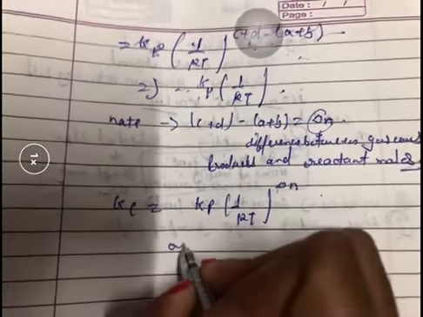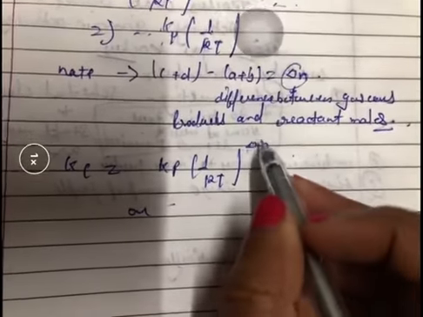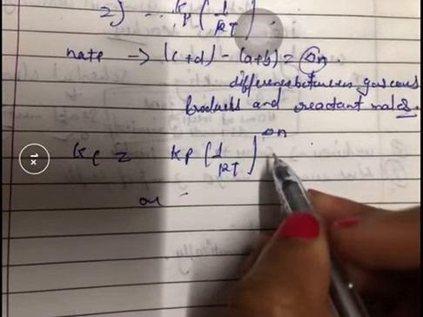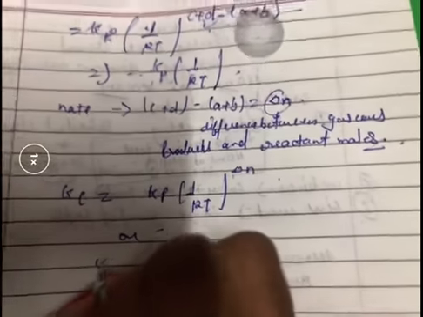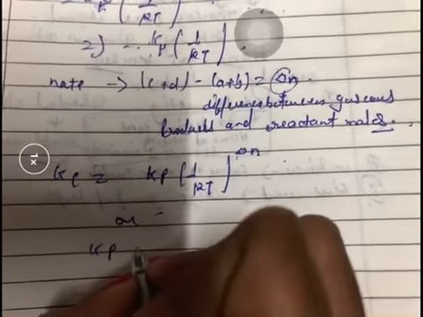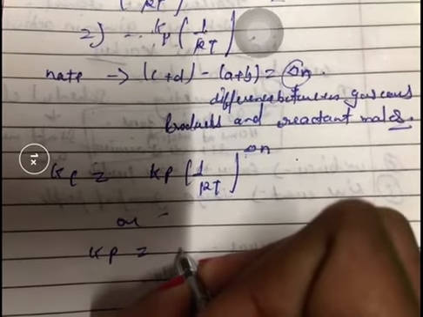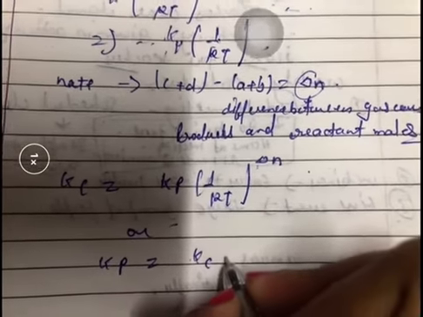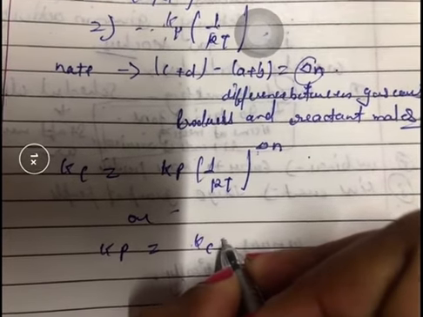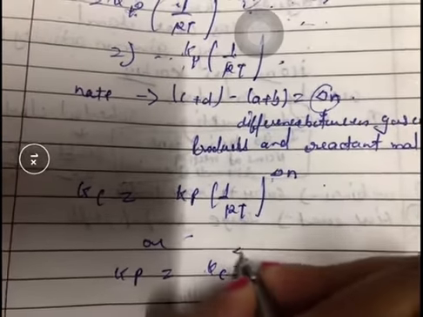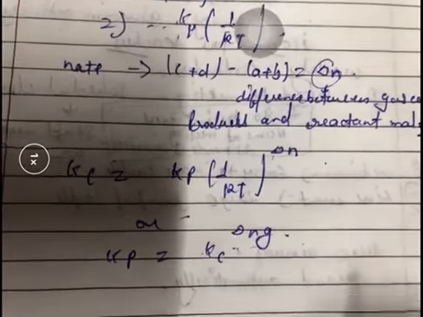Or for ideal gas, if we are writing the equilibrium constant, then I can rewrite it like Kp is equal to Kc (RT) raised to power del ng.